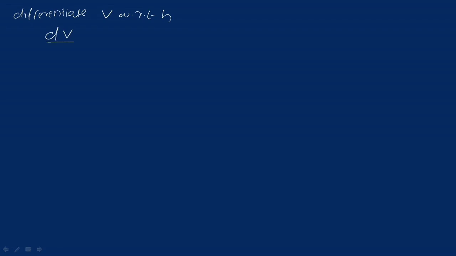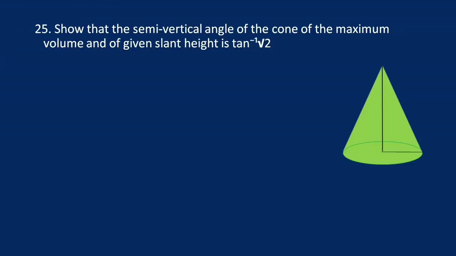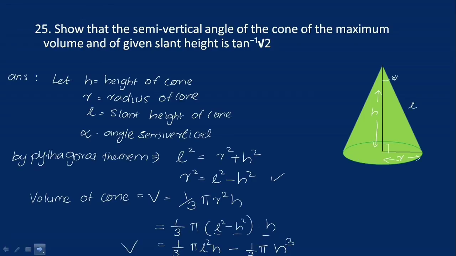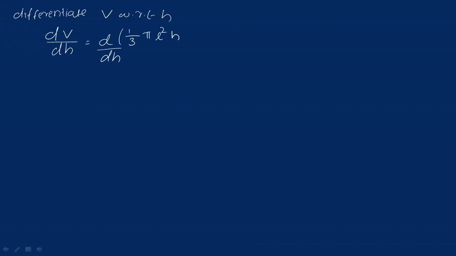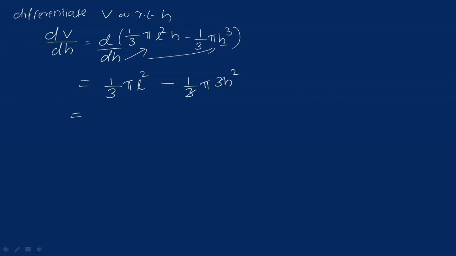Now differentiating volume with respect to h, we have dV by dh, that is d by dh of 1 by 3 pi L square h minus 1 by 3 pi h cube. d by dh of 1 by 3 pi L square h is 1 by 3 pi L square, minus d by dh of 1 by 3 pi h cube, that is 3h square. Or we have 1 by 3 pi L square, 3 cancels, so minus pi h square.